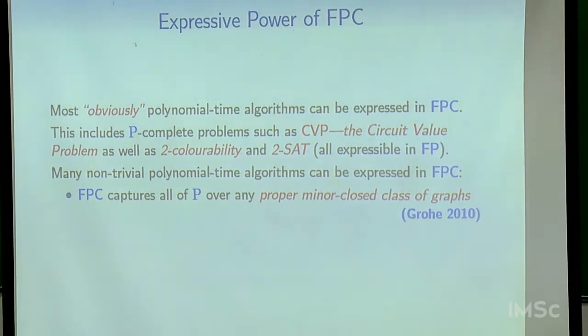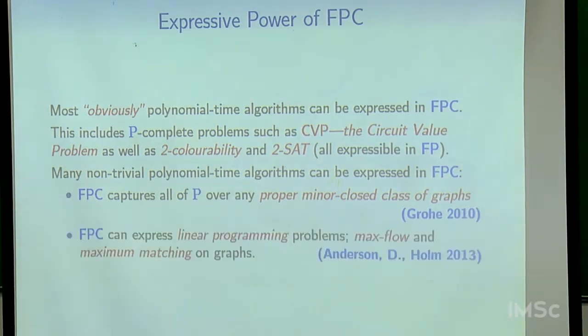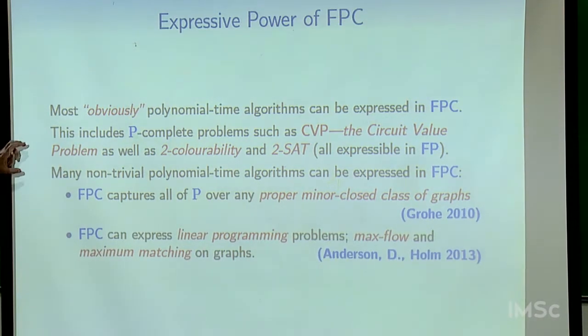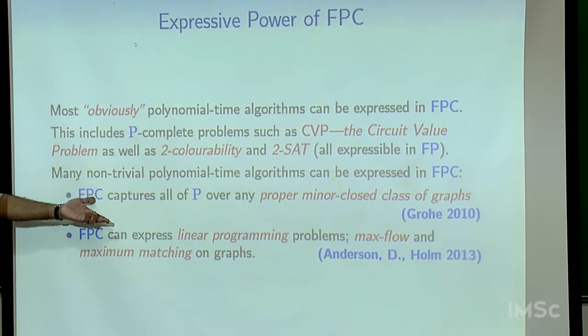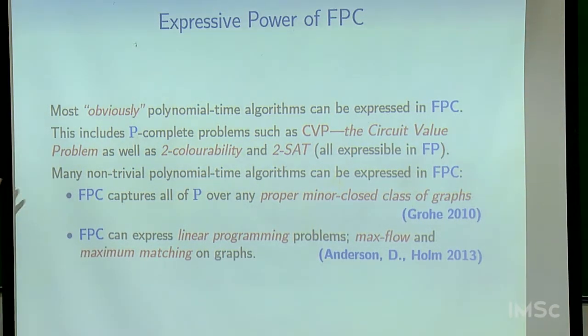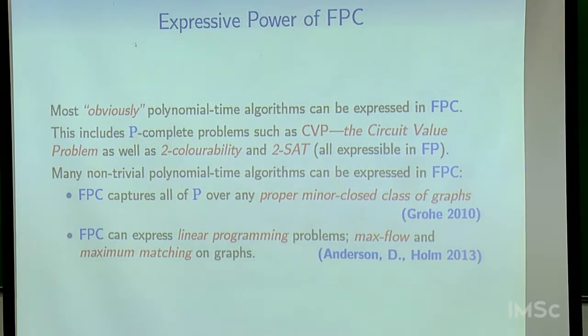Okay. I sort of hesitate to mention my own results in the same breath, but in a recent paper with Matt Anderson and Bjarke Holm, we showed that you can express linear programming problems in FPC. Essentially, this is a translation of the ellipsoid method into fixed point formulas.